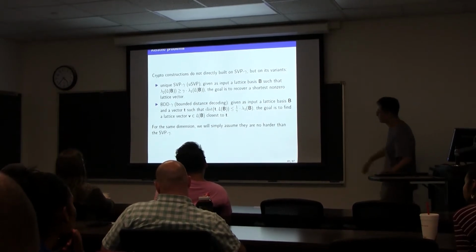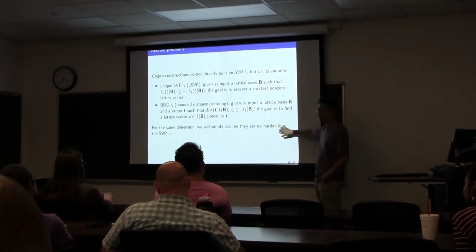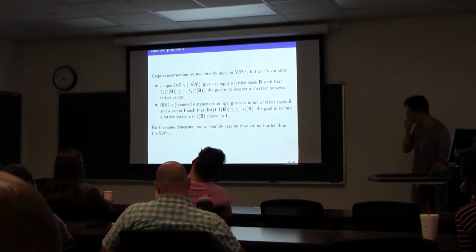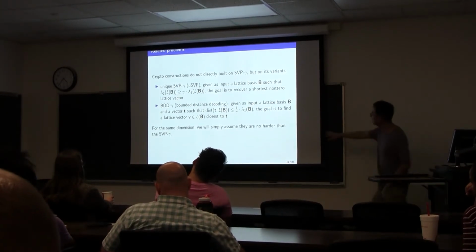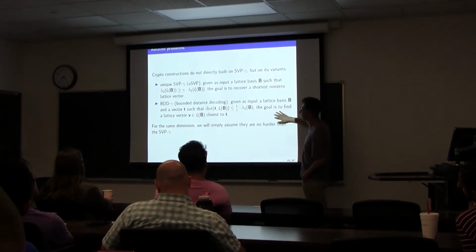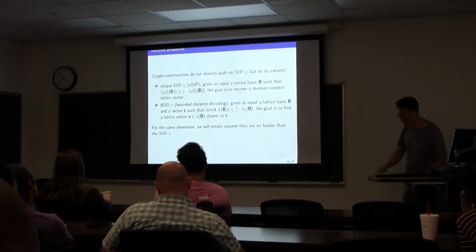Remember, the SVP gamma problem is to find a lattice vector whose length is up to gamma times the length of the shortest vector in the lattice. So whenever we see these two problems in today's talk, let's just assume that they are no harder than SVP gamma. If we can solve SVP gamma, we can solve them.